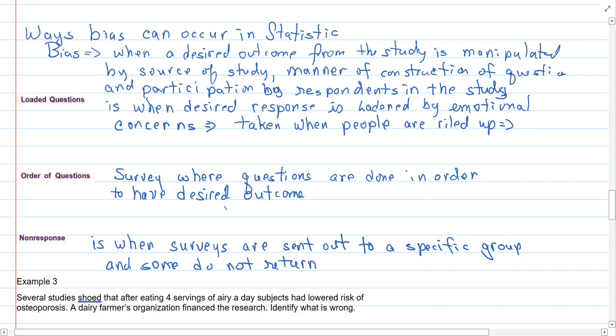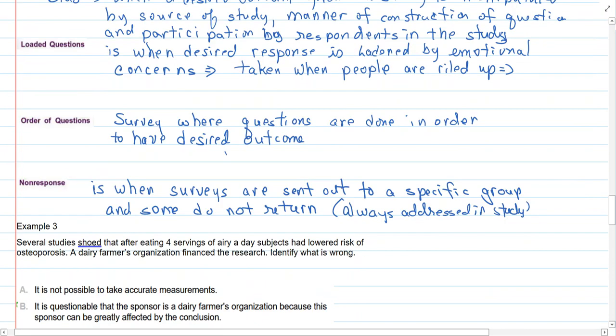This is always addressed in the study. And what this does is say, why didn't these people respond?